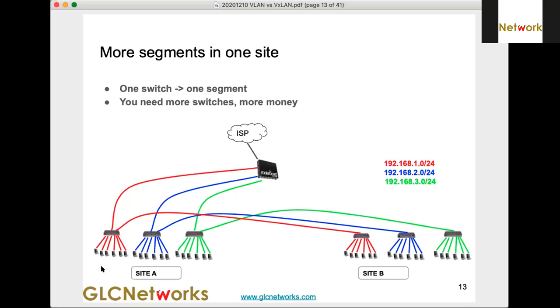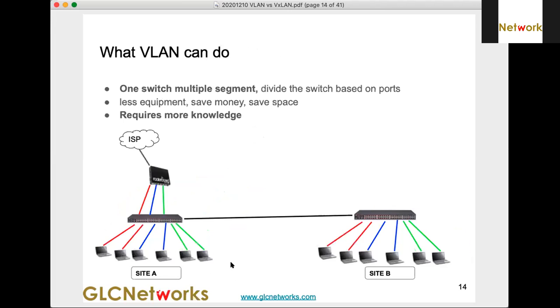You have to buy more equipment, and it's also difficult to manage because all of them are standalone, and you have to connect all of them with many devices. So what VLAN can do is to join all of them.